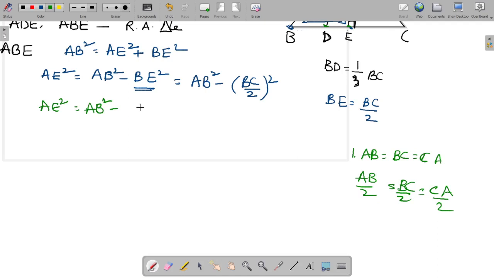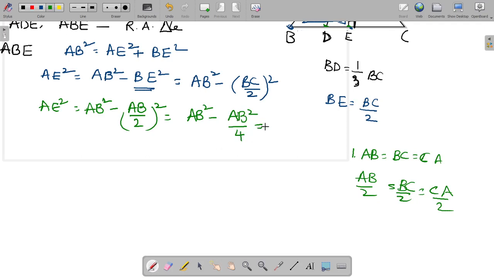AB square minus BC by 2 whole square; I substitute AB in place of BC, so AE square is equal to AB square minus AB square by 4.